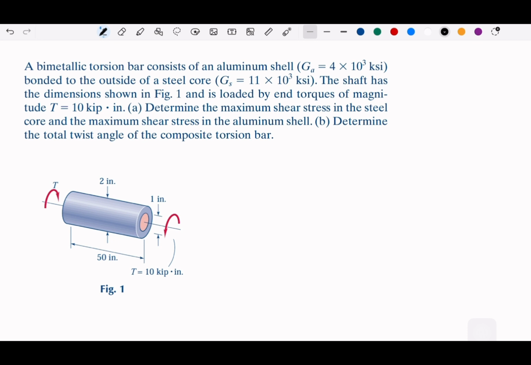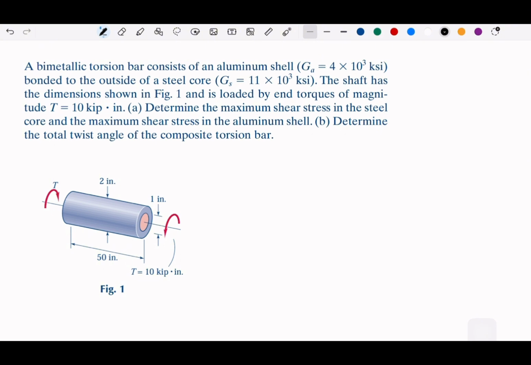It has an aluminum shell and a steel core. So both of them have their own G, their own shear modulus. And it has this dimension, and I think this is not in SI units, it is in the US system, but it works the same.